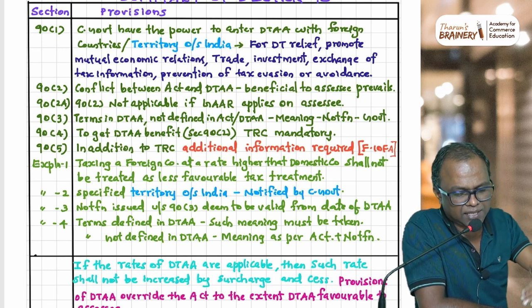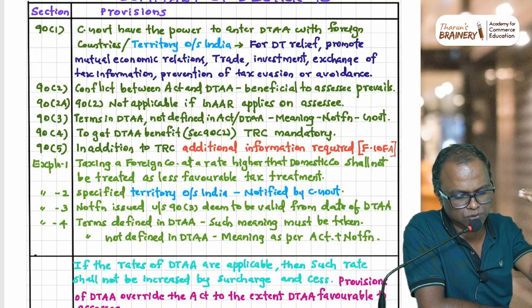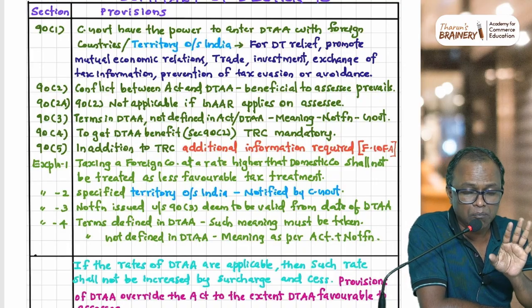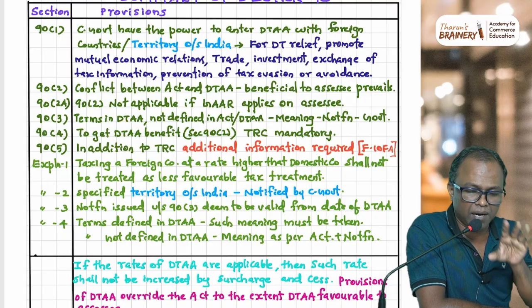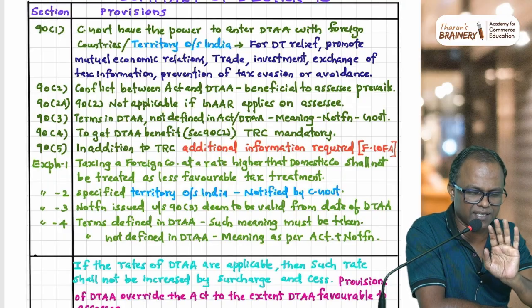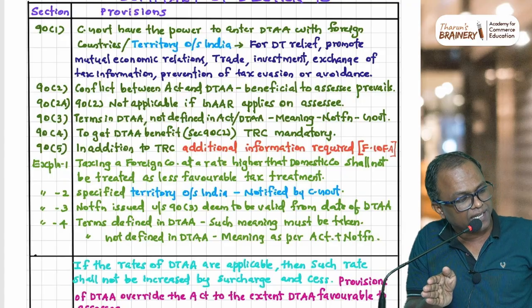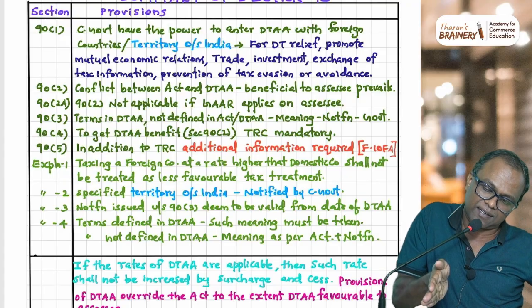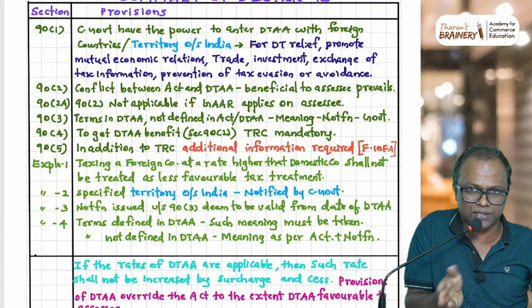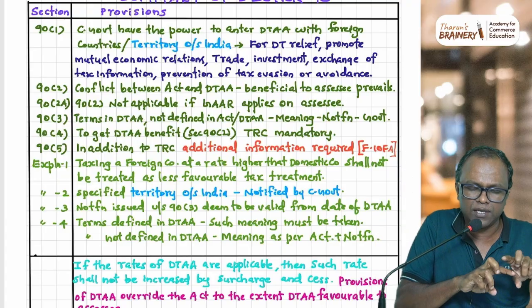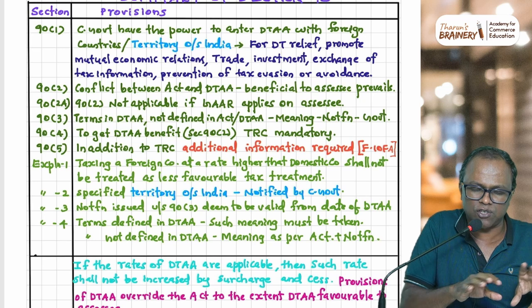And these are the main sections of 90: 90 subsection 1, 2, 2A, 3, 4, 5. Simply speaking, 90 says regarding bilateral relief. Bilateral relief means if there is a DT agreement, there are two parties, India and a foreign country. So residents in India or residents in that other country, both will get the benefit through the DT agreement. That is why it is known as bilateral relief. Residents of both countries, that means residents of both the states.